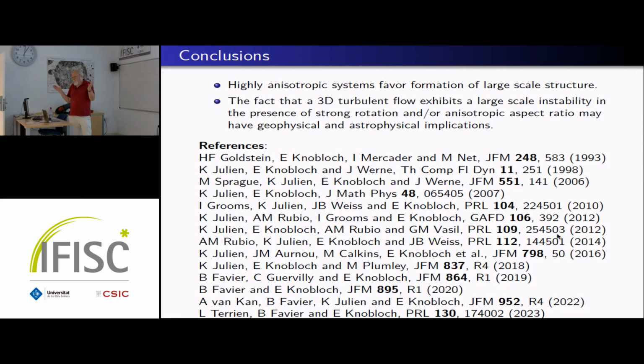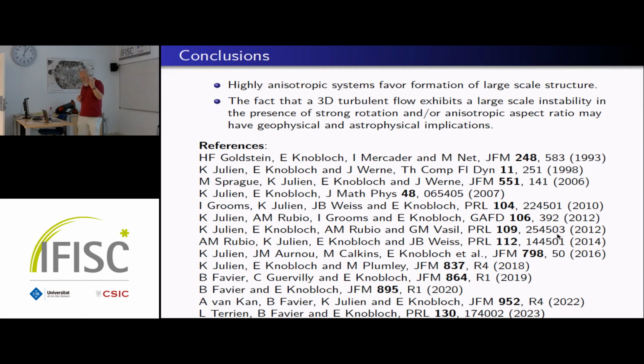Oh, that has to do with the domain size. It's not the anisotropic parameter. The large scale vortex, the condensate, is just the domain size. The energy is going to cascade to the smallest available scale, provided the system is sufficiently anisotropic.